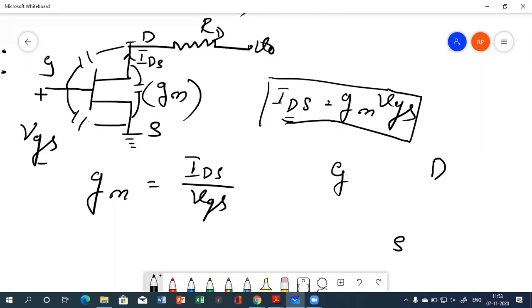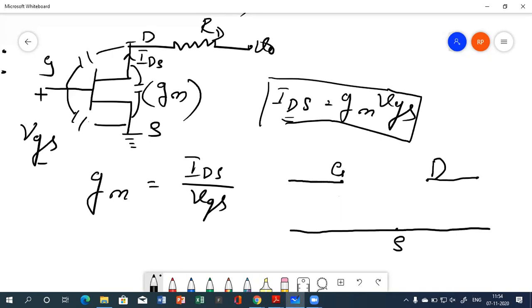Okay, now here these are the three points. This is for gate, this is for drain, and this is for source. Okay, these are the three terminals which I have drawn like this.